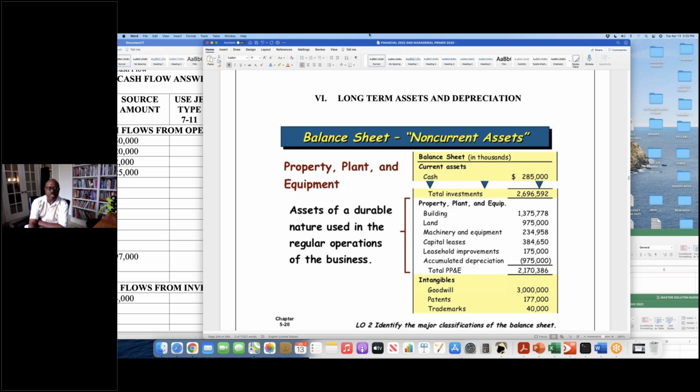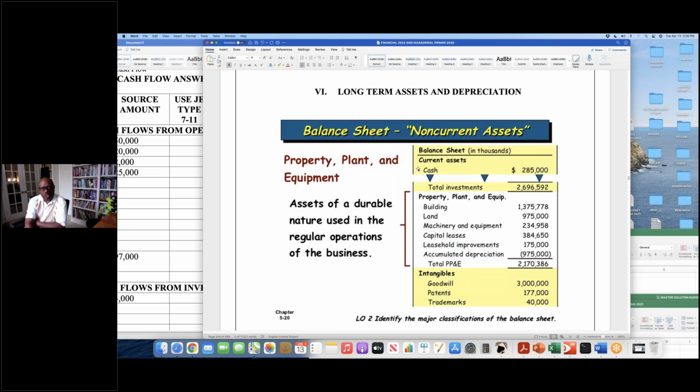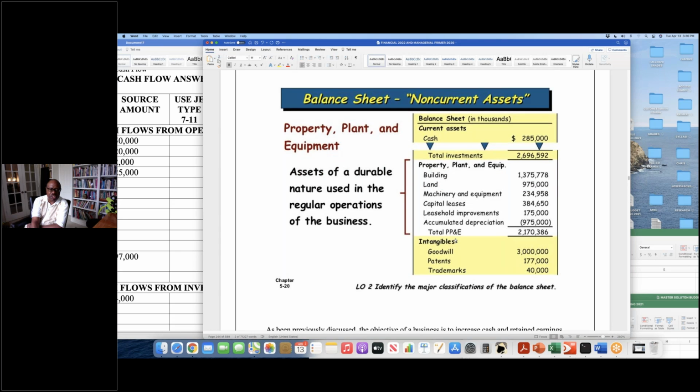Cash is current all the way through investments. Then the next segment is property, plant, and equipment: building, land, machinery, leases, leasehold improvements, and the related accumulated depreciation, which is a contra account that reduces the amount. Then you have intangibles: goodwill, patents, and trademarks. So it's current assets, then long-term assets, property, plant, and equipment, then intangibles. We haven't talked about intangibles that much, but they're not current assets.